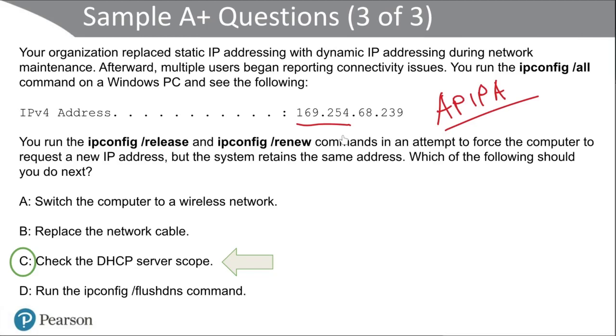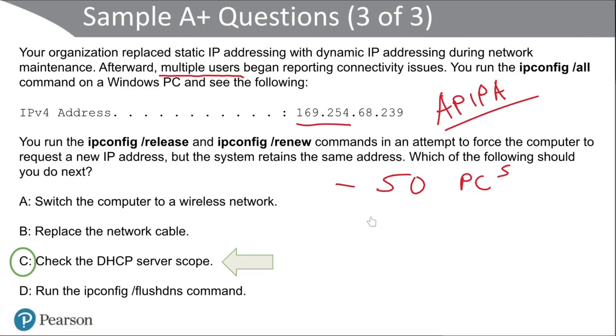In this case, it could very well be that the IP range is not big enough for all users on the network. We can guess at this because multiple users were affected after the change from static to DHCP addressing. Let's say we had 50 computers, PCs and laptops and whatever else.